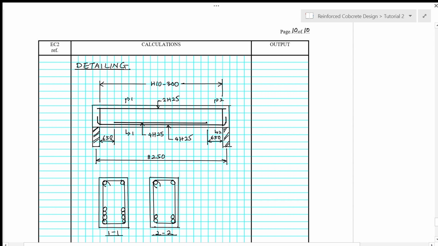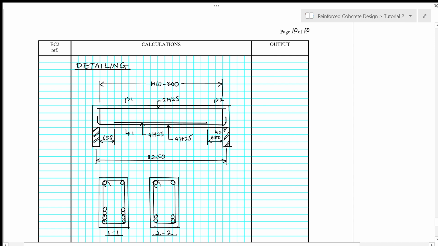So 0.08 L is 660 mm, so we round it to 650 mm. So this number has to be less than the 0.08 L, so that you have longer bars provided towards the end of the support.